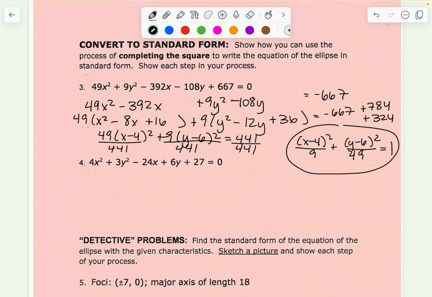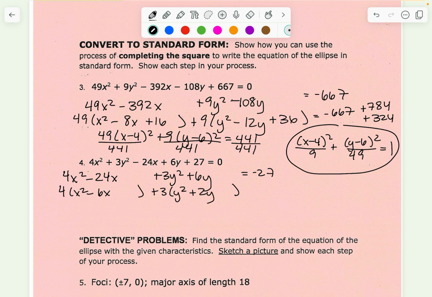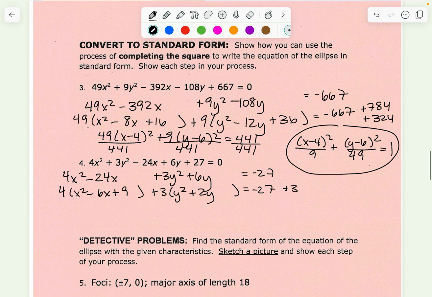All right, do it again. 4x squared. Reorganize everything so my x's and y's are together. Factor out a 4. Add 9, add 36.